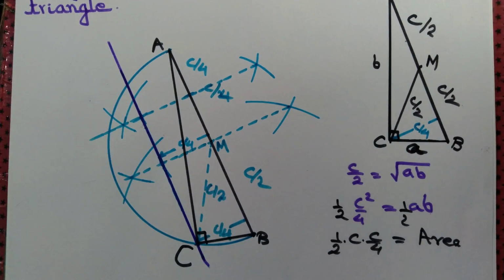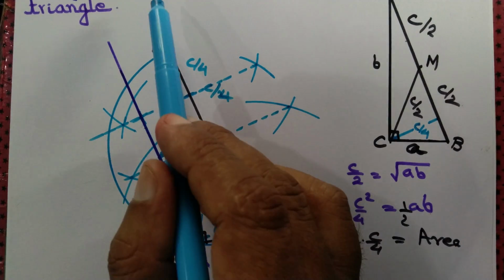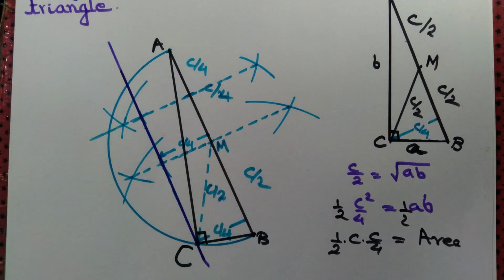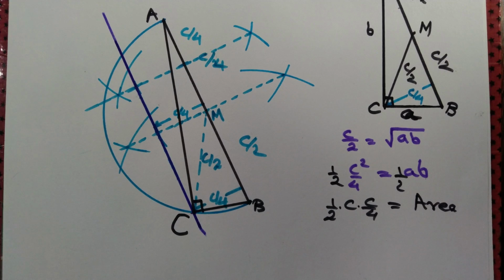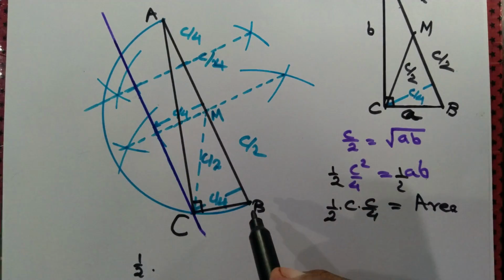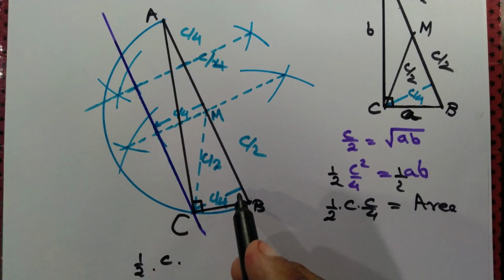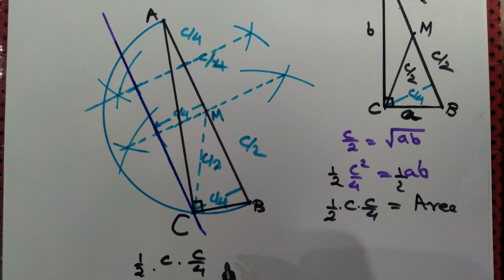Nice. And how about this geometric mean criteria? Area of the triangle equals half base, the base is C unit AB, times altitude, the altitude is C by 4.